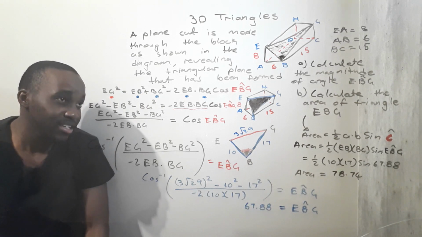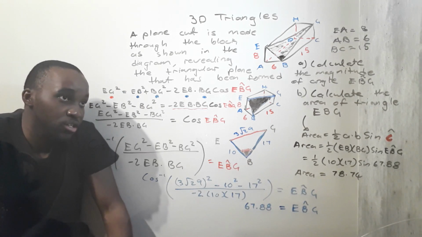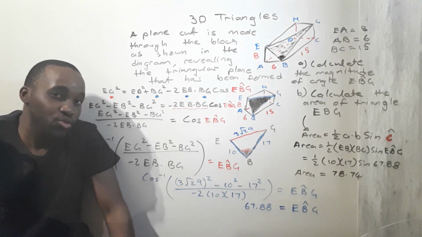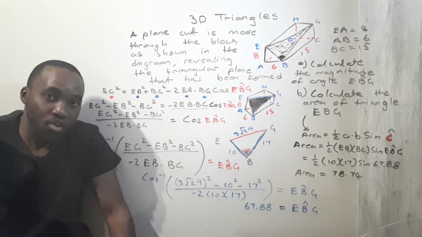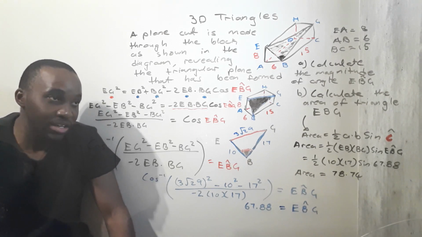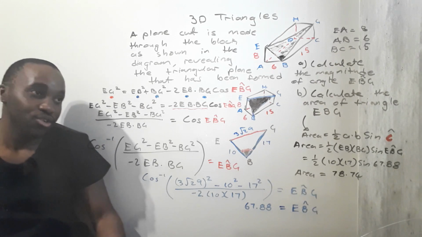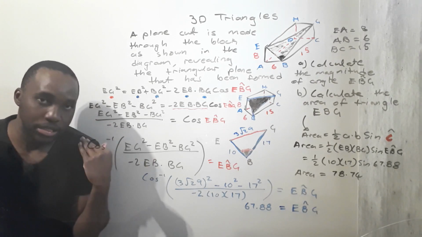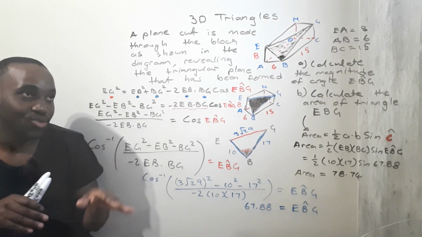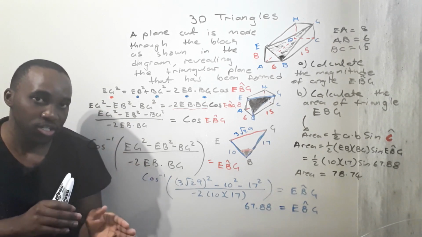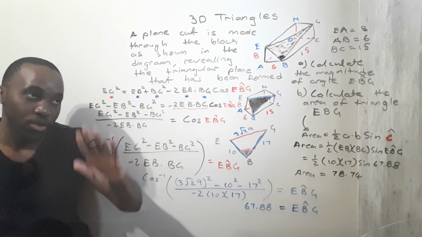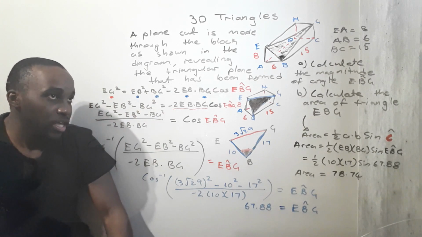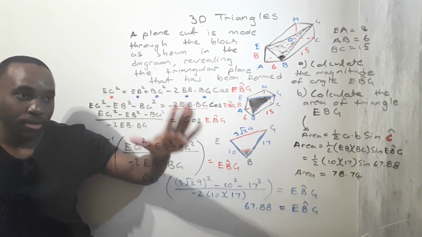So for a question like this, I think this was a proper good question to showcase what you need to do when you work with 3D triangles. 3D triangle questions, remember, don't try and use your sketch all at once. You want to use portions of your sketch to help you work out whatever the main question is. And you see, it was literally just doing things step by step.